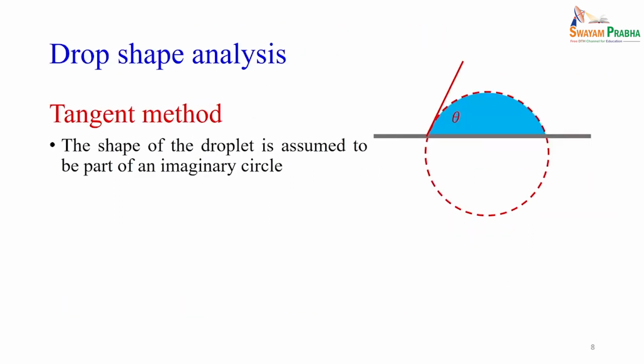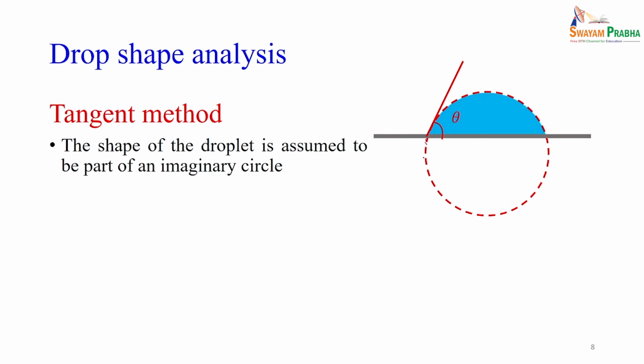Now, once your drop shape has been recorded by the camera, you should be able to analyze the angle between the surface and the liquid, for which you have to draw a tangent. This method is known as the tangent method. So, this is the liquid.